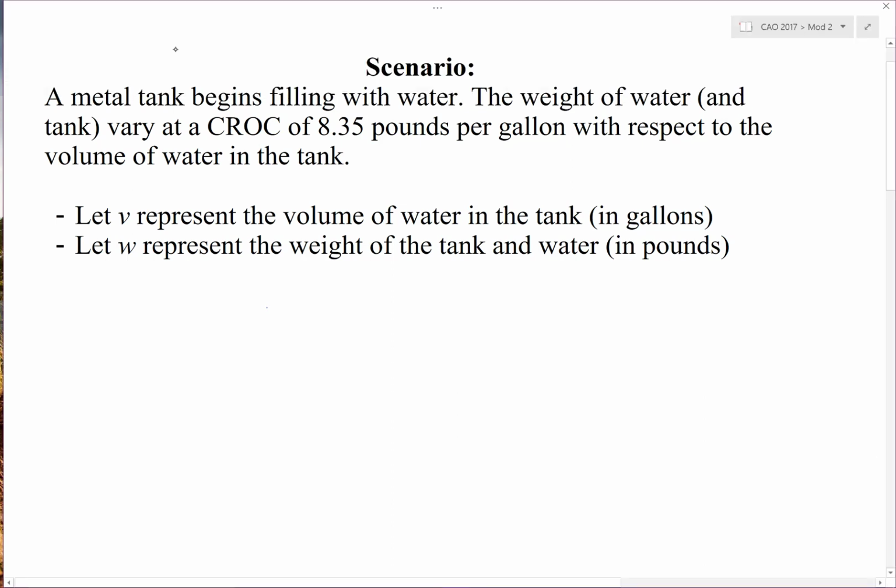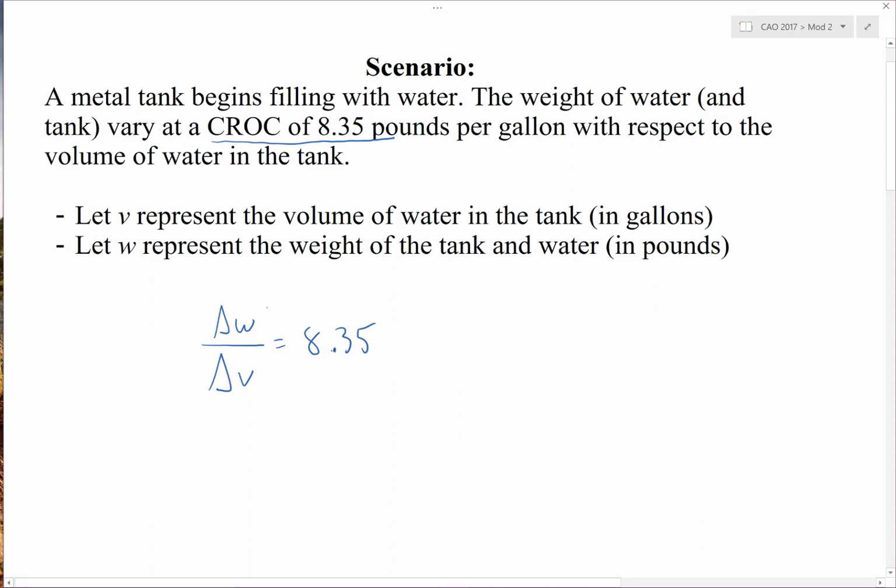Now, this constant rate of change of 8.35 pounds per gallon tells us that anytime there is some change in volume of water, the weight of the tank and water is going to change so that the ratio of the change in weight to the change in volume is equal to 8.35.